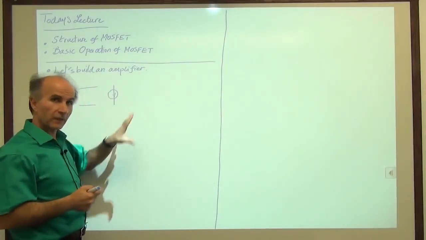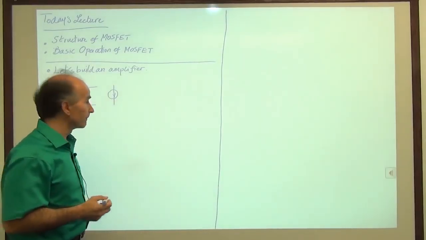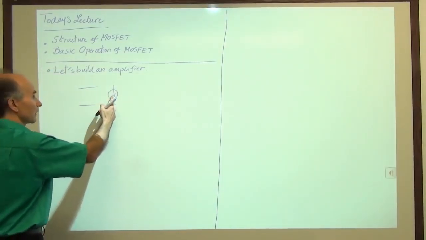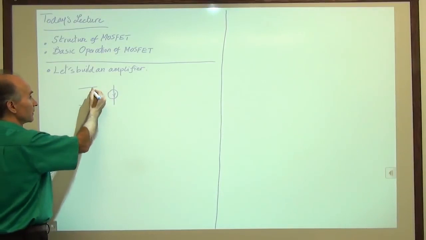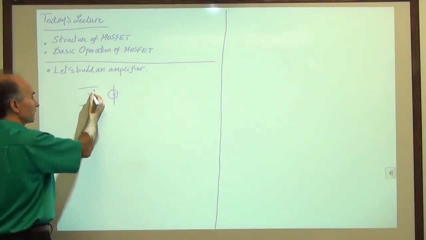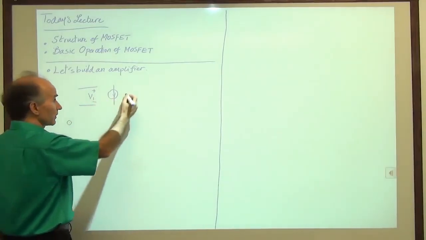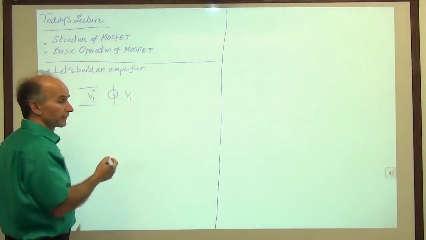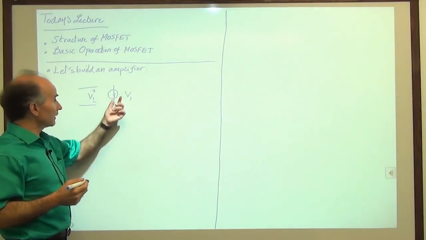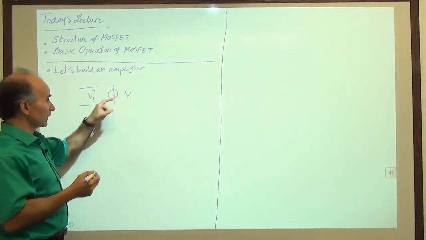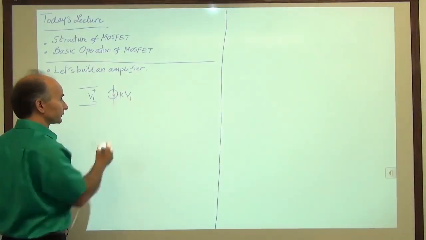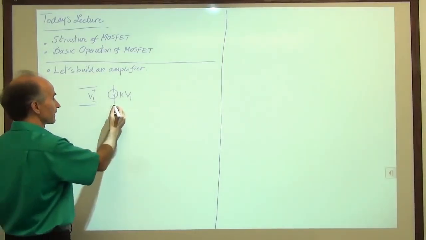We just know from the context what they are. So this current source depends on this voltage between these two. Let's call this V1, and this current source is proportional to this voltage, so something times V1. Obviously, we need a coefficient here because we're going from voltage to current, so we'll just call that K. All right, so we bought this.